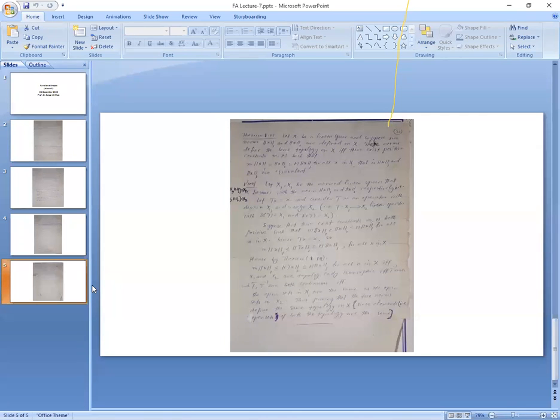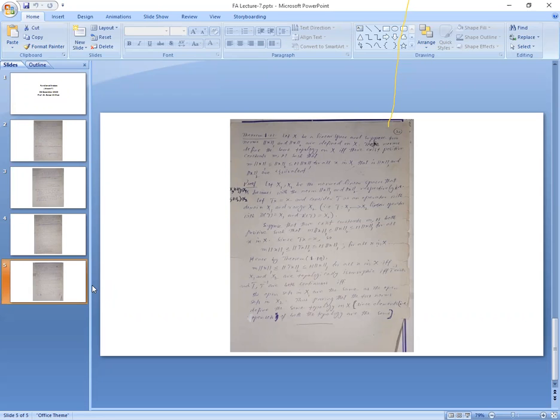Vice versa, we assume that norm 1 and norm 2 define the same topology, and then there exist two positive constants, small m and capital M, satisfying that inequality.